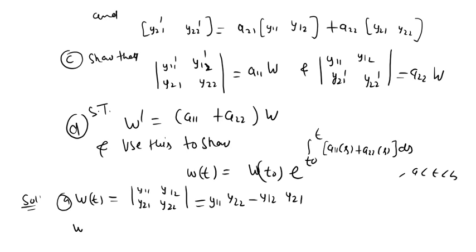Then compute W'(t). Differentiate by parts: y11' y22 plus y11 y22' minus y12' y21 as it is, minus y12 y21', sorry, y21'. Now you can collect the terms.